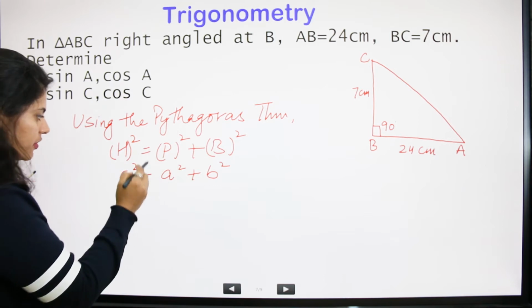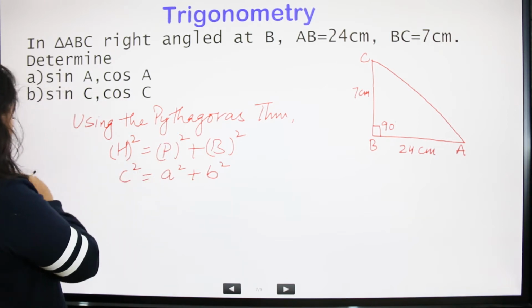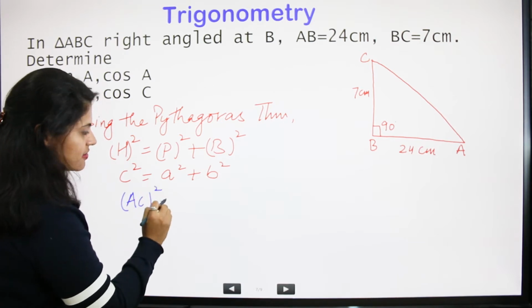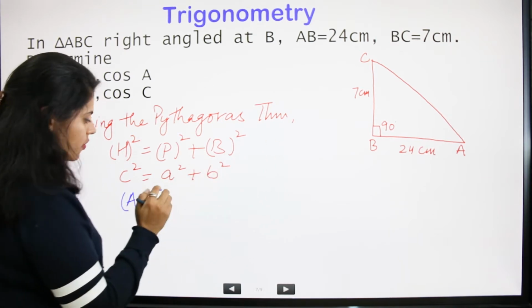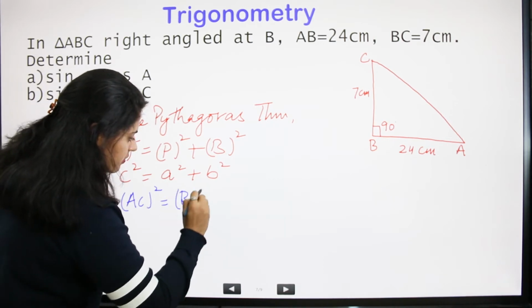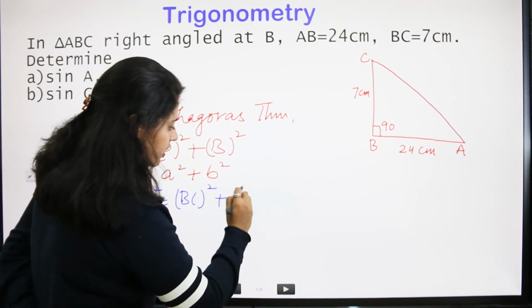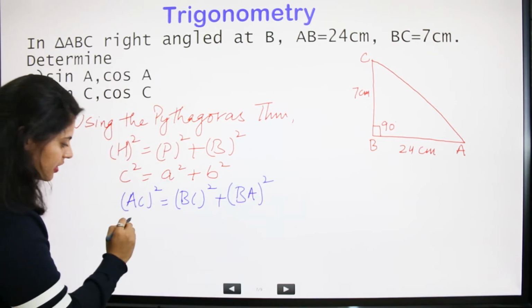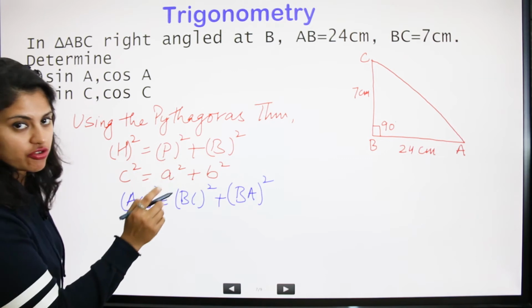Now we are going to fill in the values. For the hypotenuse we write AC square is equal to BC square plus BA square. Basically we need to find the value of AC, which is the longest side.